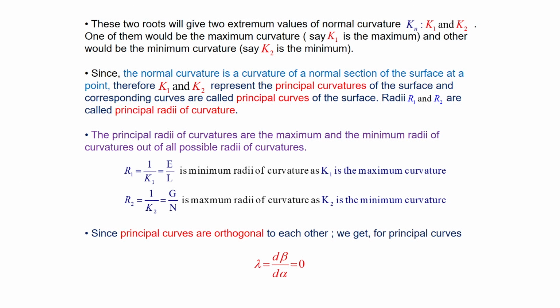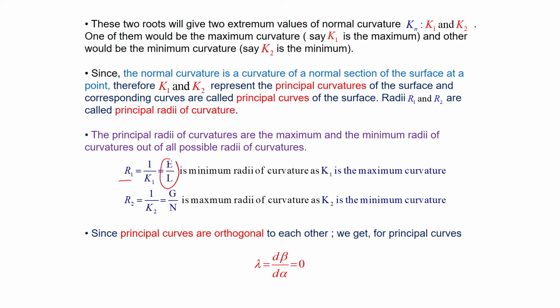These two roots are extreme values of normal curvature, K1 and K2, known as principal curvatures. If we are interested in the principal radii, then R1 is nothing but 1 upon K1 and R2 is nothing but 1 upon K2.